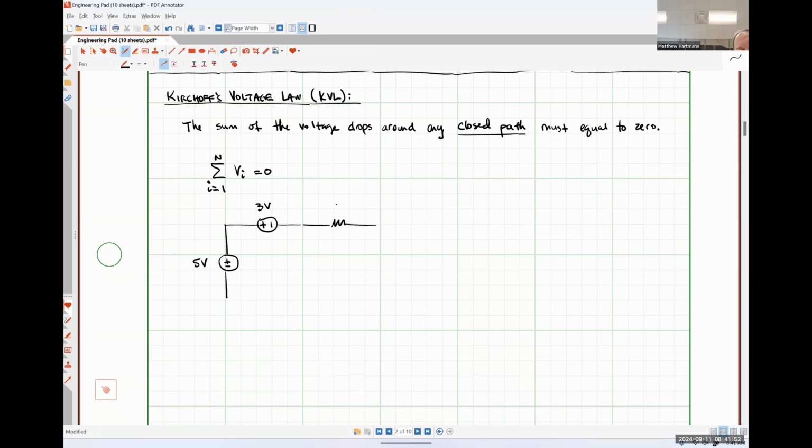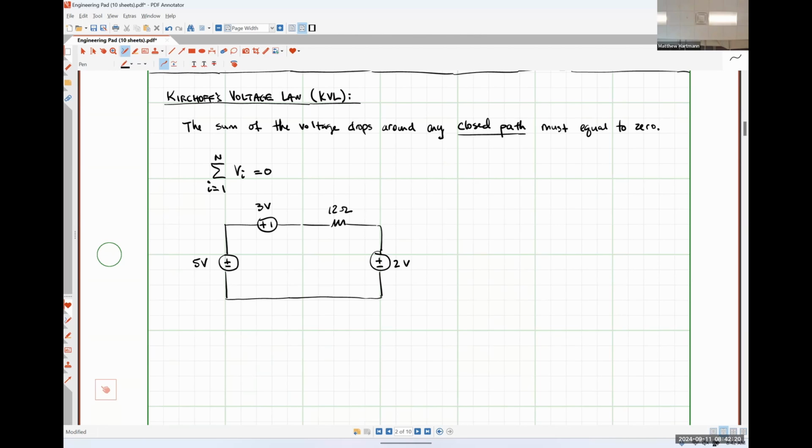Let's say, just for the sake of argument, that it is 12 ohms. And over here, I'm going to put a 2-volt source, like so. So the first thing that we're going to do here is use Kirchhoff's voltage law to determine the voltage drop across that 12 ohm resistor.